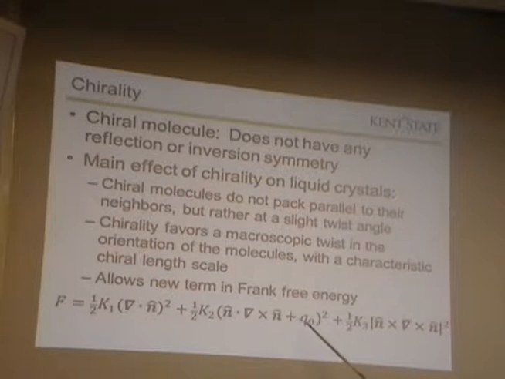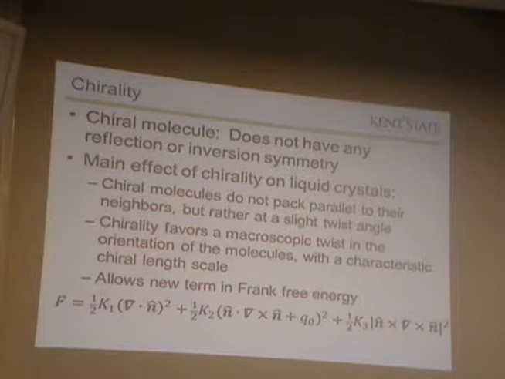If you multiply out this square, you would see that there's a term that is now linear in the first derivatives of the director field. It is just this n dotted into the curl of n, which is linear in the first derivatives.